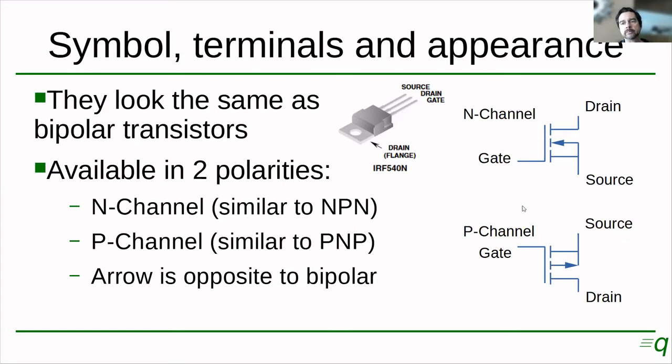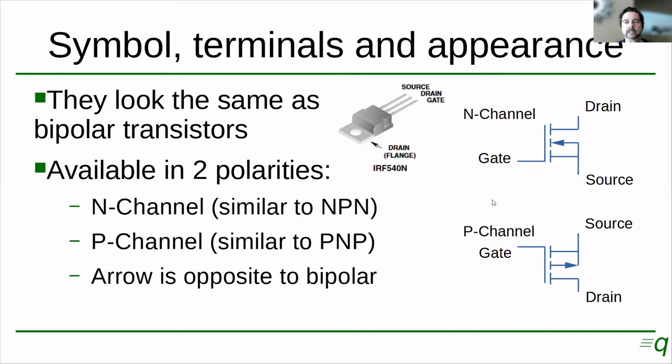This one here at the bottom is a P-channel MOSFET, and it is roughly equivalent to a PNP transistor, okay? Now, something to keep in mind is the direction of the arrows is reversed with respect to the bipolar, right? So this is the N-channel MOSFET, and the arrow points in. And we said this is equivalent to the NPN, and in the NPN transistor, the arrow from the emitter was pointing out, right? So keep that in mind. The arrow is in the opposite direction.